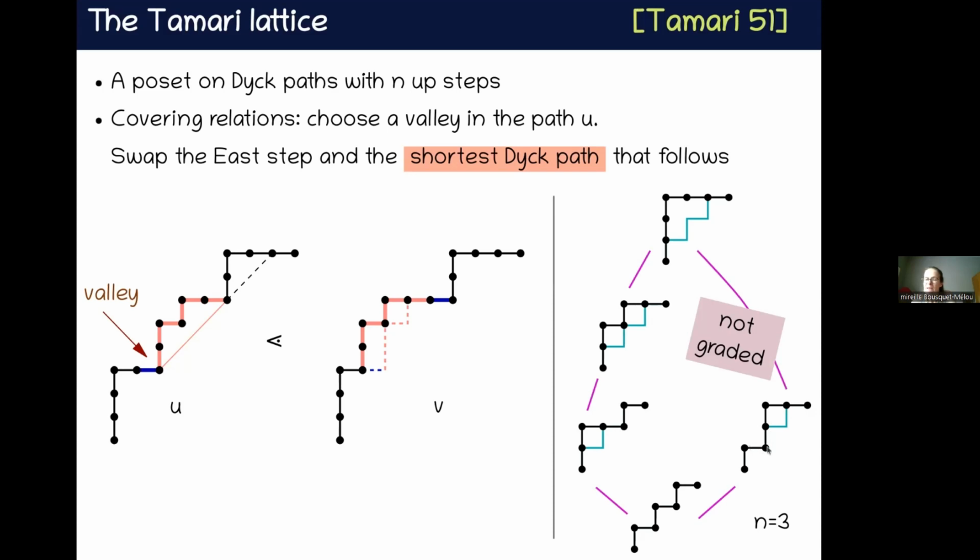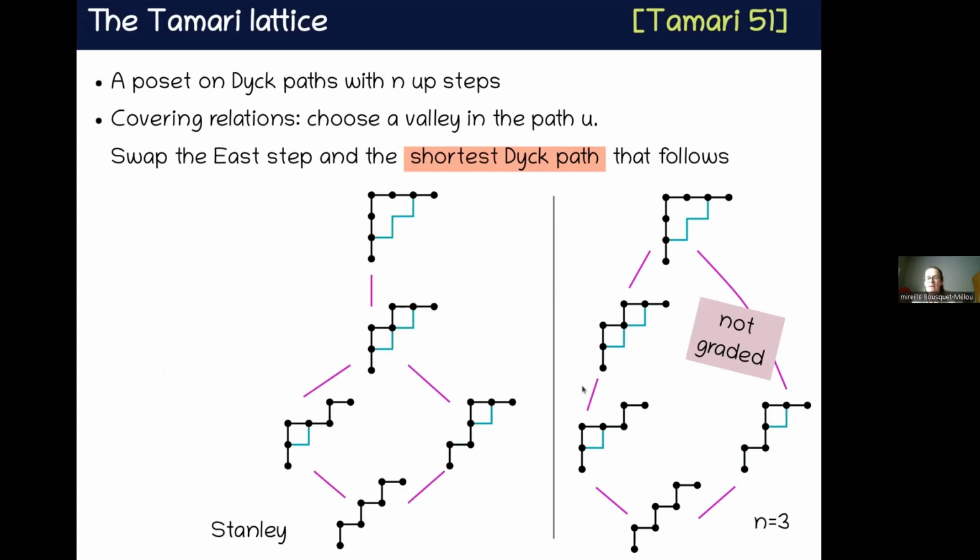And to compute its cover, I swap this path with the shortest Dyck path that follows, which happens to be not that short. It's the whole remainder here. And so I jump directly to here, whereas in the Stanley lattice, I was just swapping these 2 steps and jumping here. Okay, so that's the original Tamari lattice.